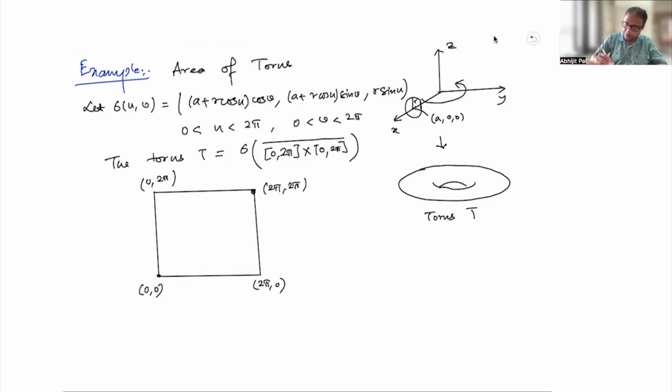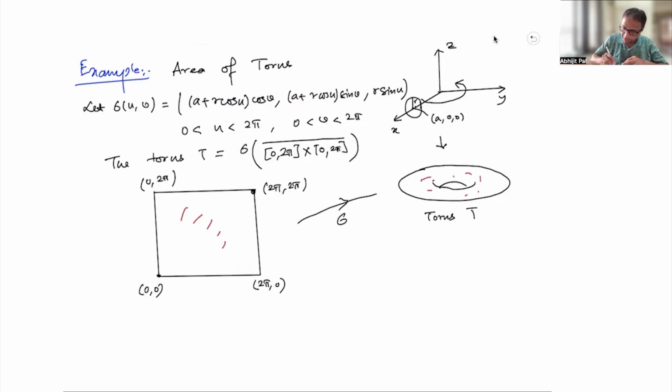All right, so this is my closed square. If I ignore the boundary of this square, we get this inside region. And you have a map sigma from this open square to this torus. This map is sigma.